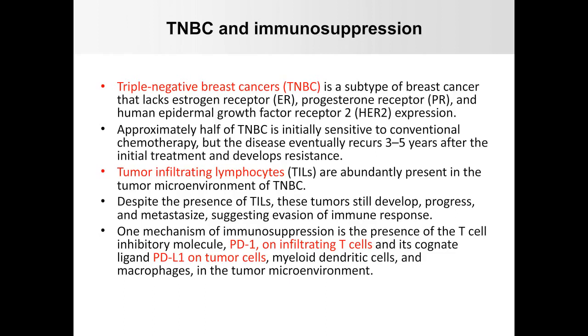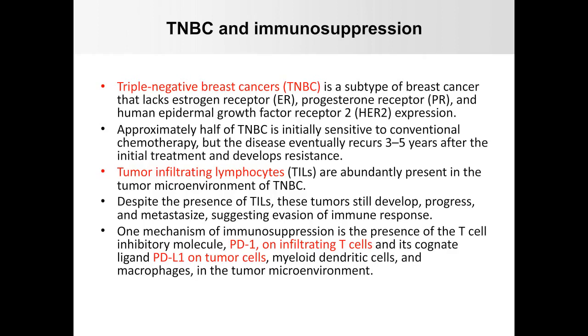Because this type of disease lacks treatment targets such as the three molecules mentioned above, there is basically no targeted treatment for it. Patients diagnosed with triple negative breast cancer usually go through traditional chemotherapy. Unfortunately, only half of the patients can benefit from this therapy, which means the other half of triple negative breast cancer patients have basically no drug to cure them.